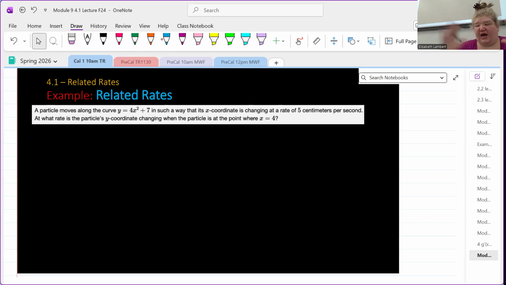So we've got a whole bunch of words. So we've got to practice translating the words we're seeing here into the information that we need to solve the problem.